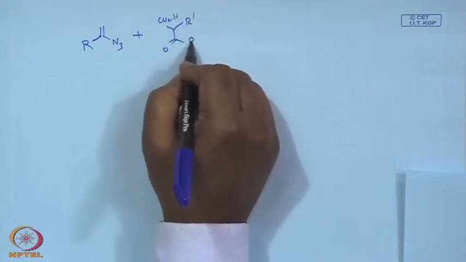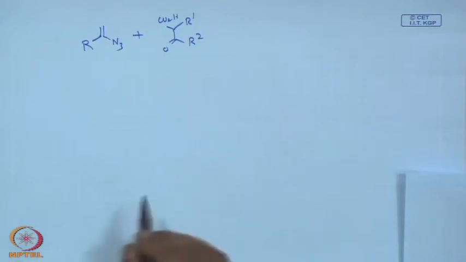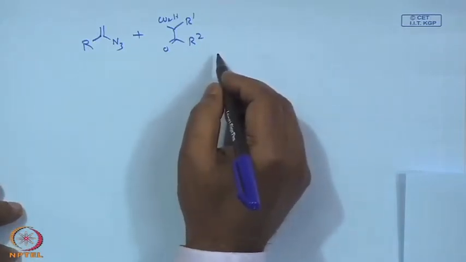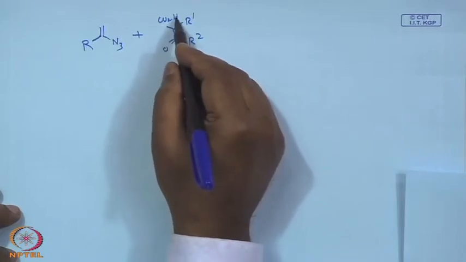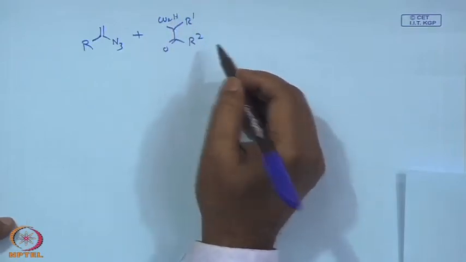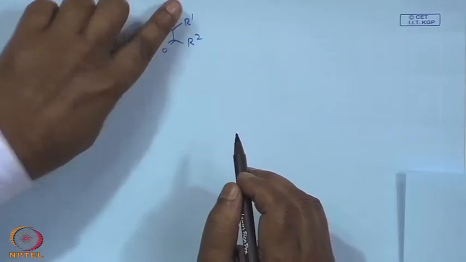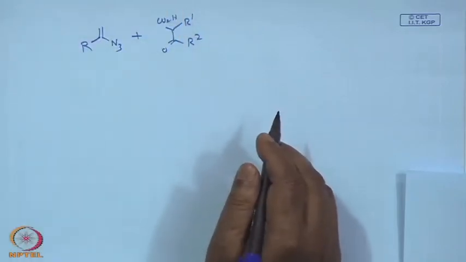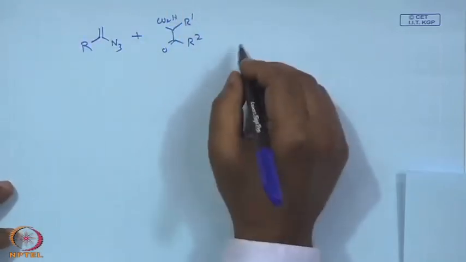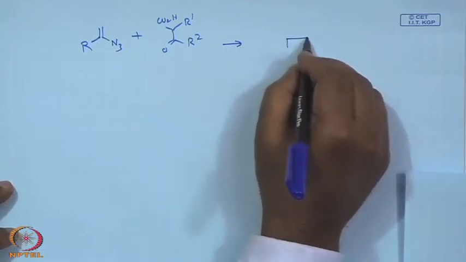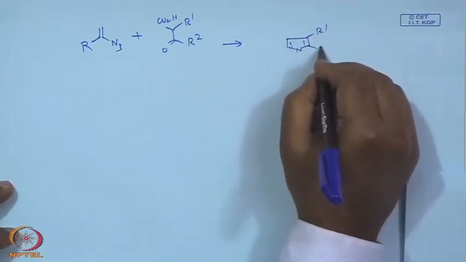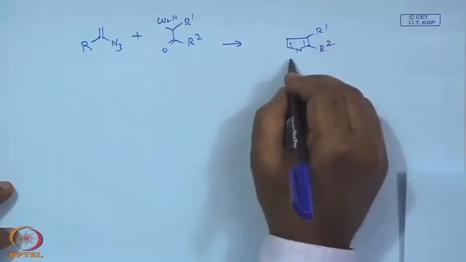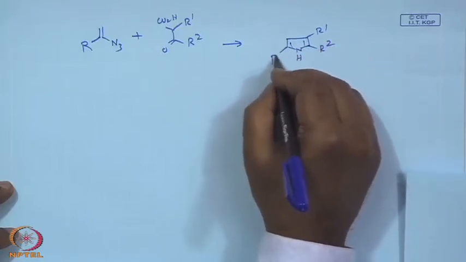Now, let us say R1 and R2 here, you see very similar to the previous example. This is also a beta keto acid now, but without the carboxylic acid it looks like just a simple ketone. So, the result would be a pyrrole with now plain alkyl groups, without an ester group.